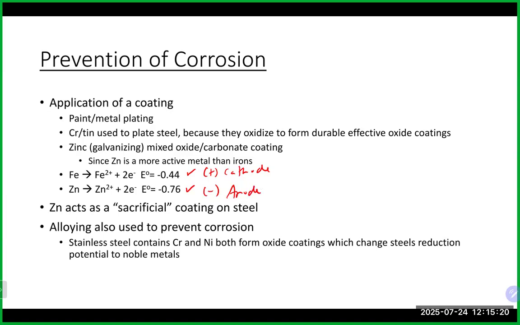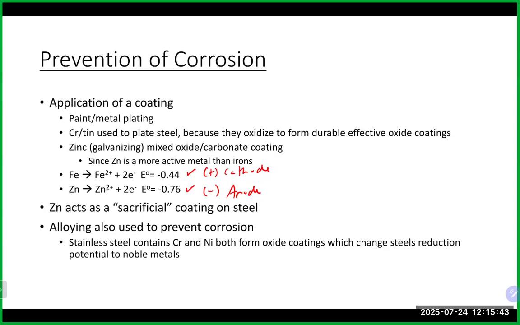So in this particular case, that's going to cause the oxidation to occur on the zinc, thus protecting the iron that's coated in the zinc. Zinc acts, as it says there, as a sacrificial coating where all the bad stuff happens to it, but basically the integrity of your iron or steel is still in one piece.